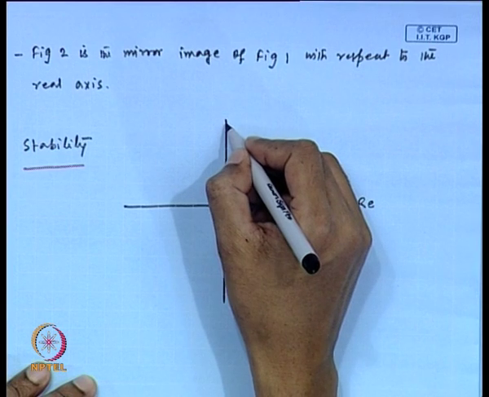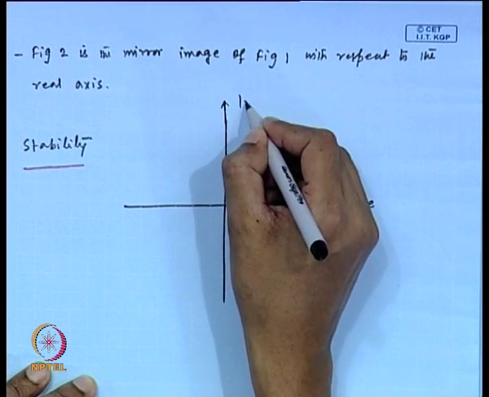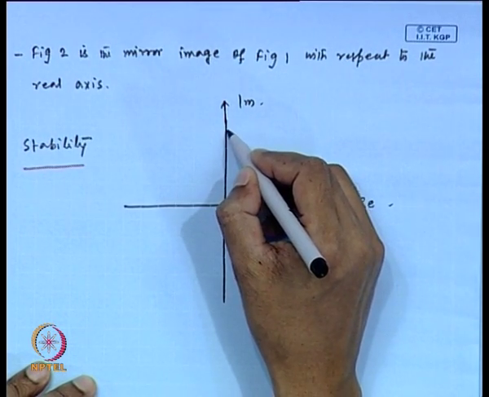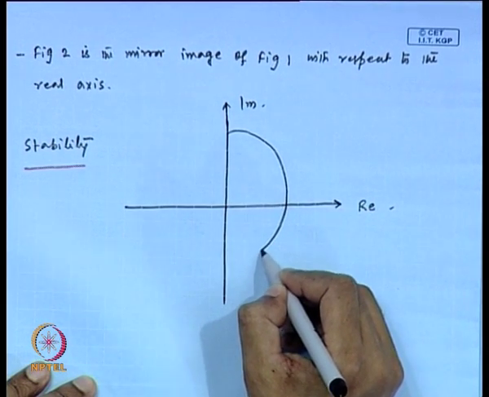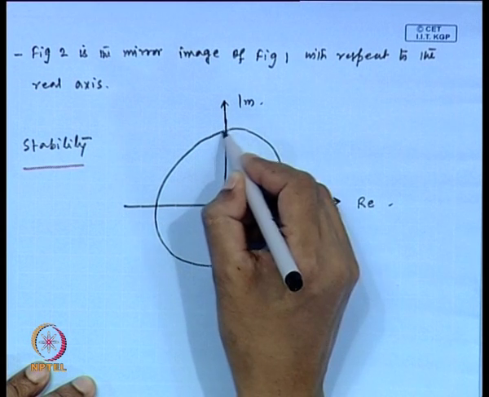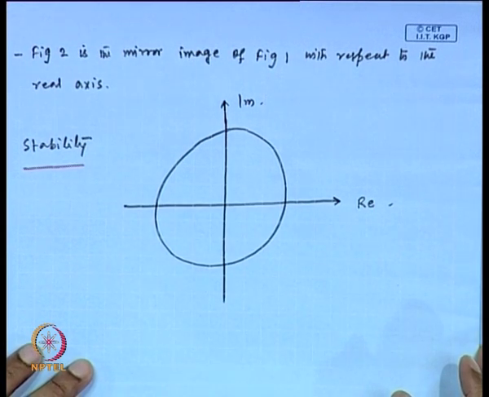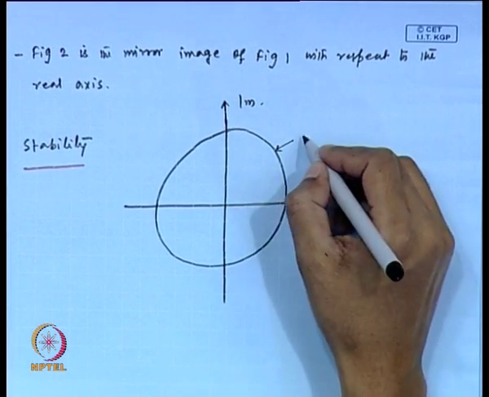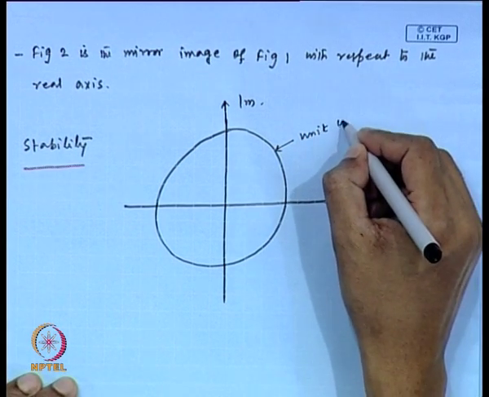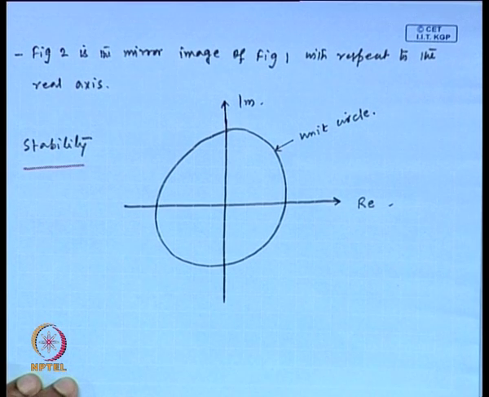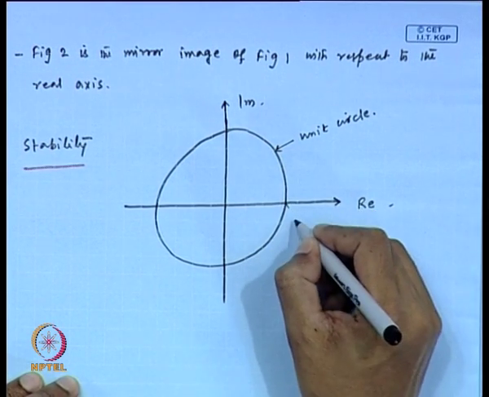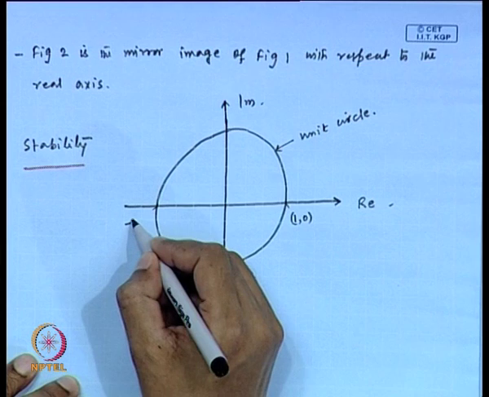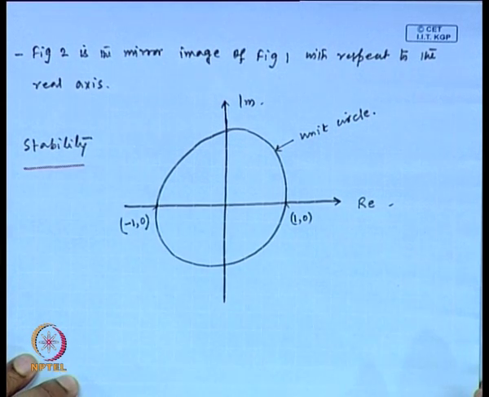So, this is the complex plane, this is real axis, this is imaginary axis. This is the unit circle. This point indicates 1 0 and this point indicates minus 1 0.